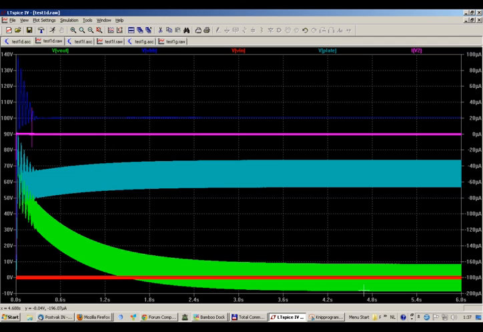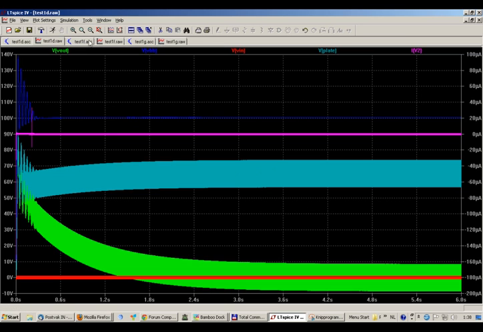So this is minus 8 to plus 8 volt. So an amplification factor of about 8. This is the anode voltage. And the power supply voltage stays at 100 volt.